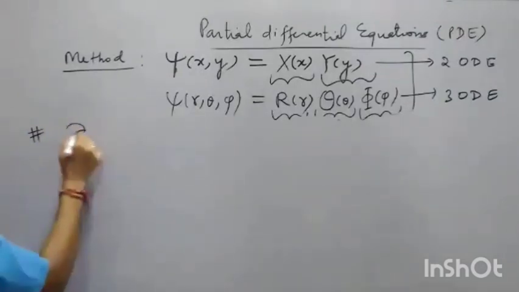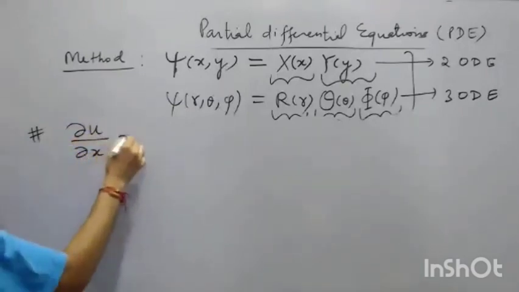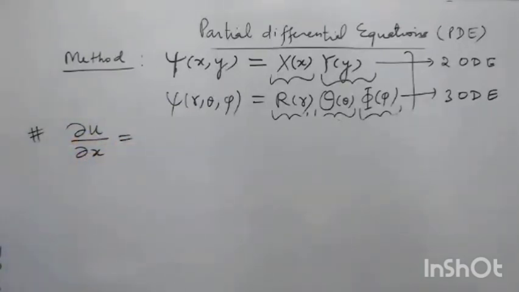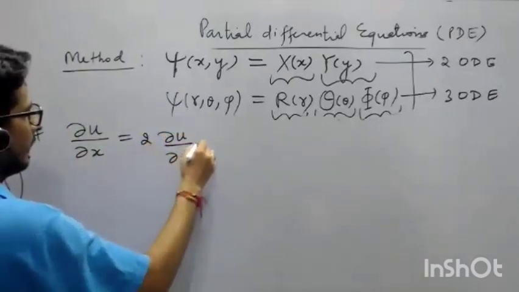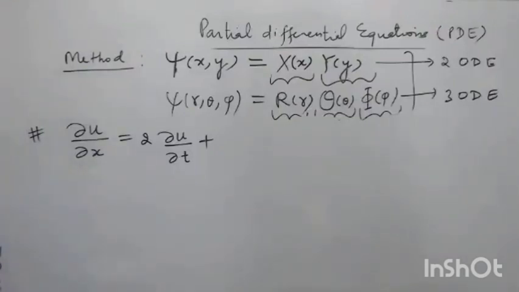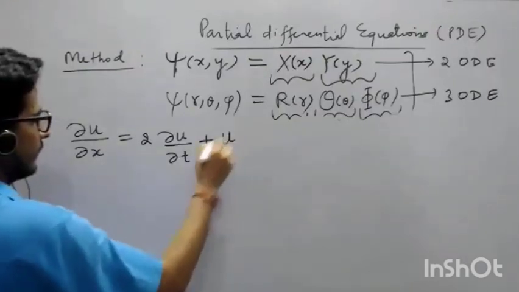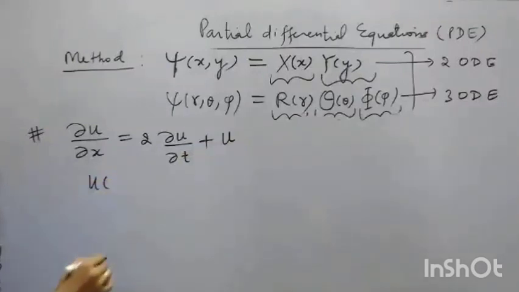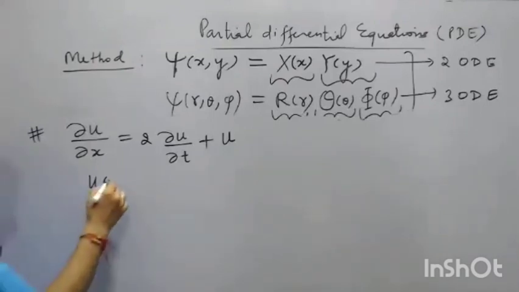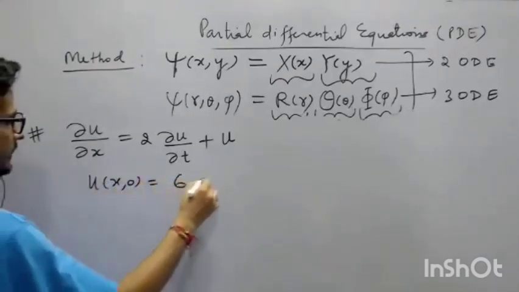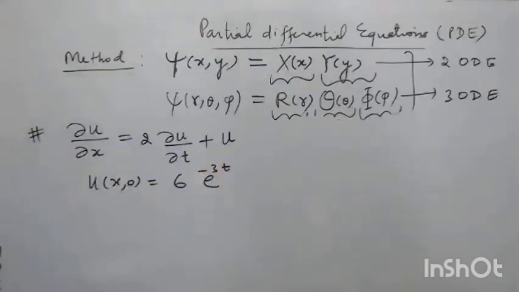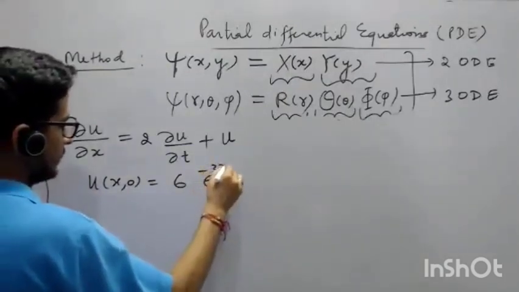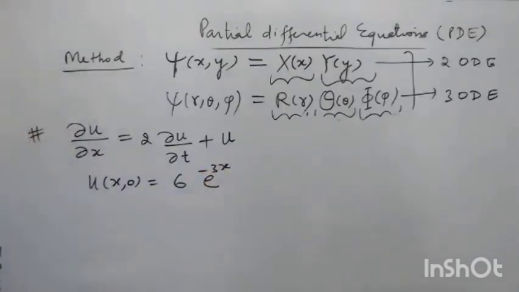Del u by del x is equal to 2 times del u by del t plus u, and the condition given is that u of x comma 0 is 6 e to the power minus 3x. This is the condition that is given.